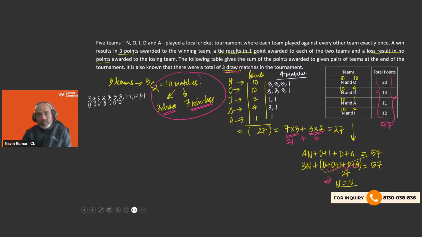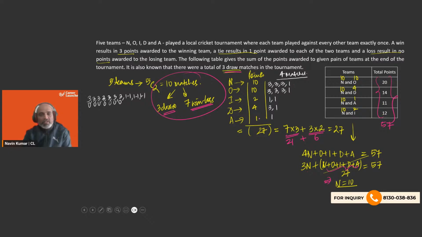Once we get the number of points each team has scored, from those points we can now further figure out what was the end result of each of the matches each team has played. So N has scored a total of 10 points. 10 can only happen with 3-3-3-1.